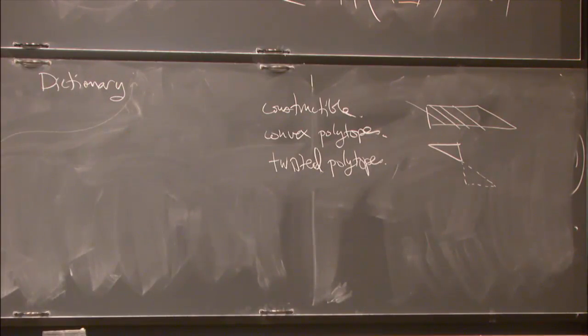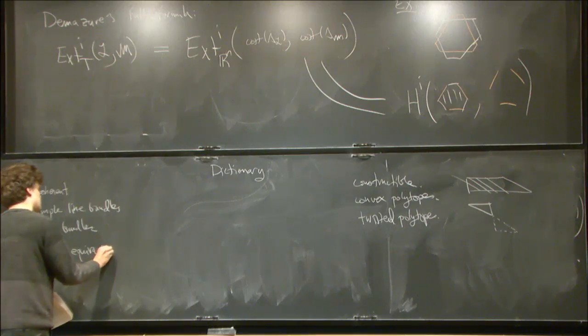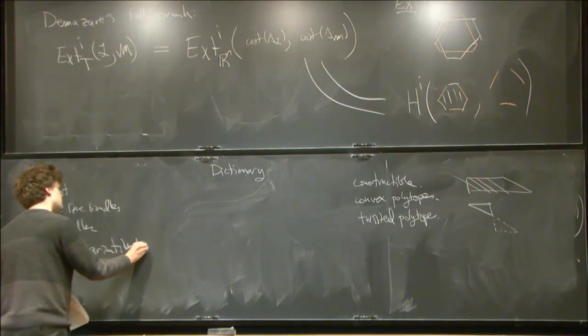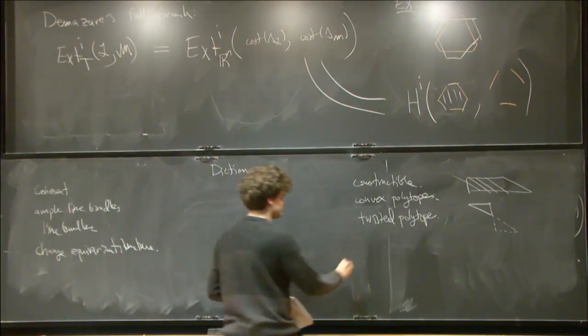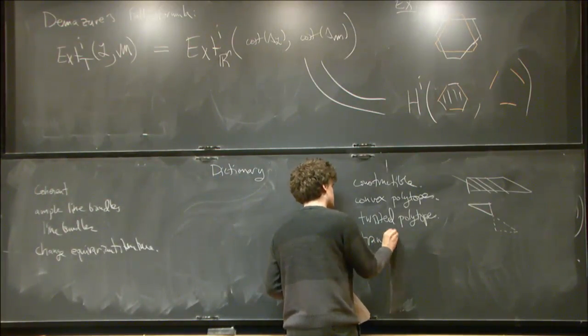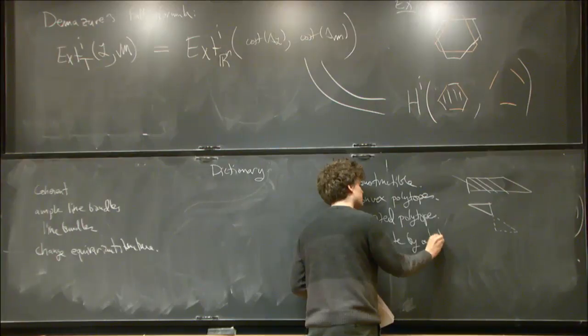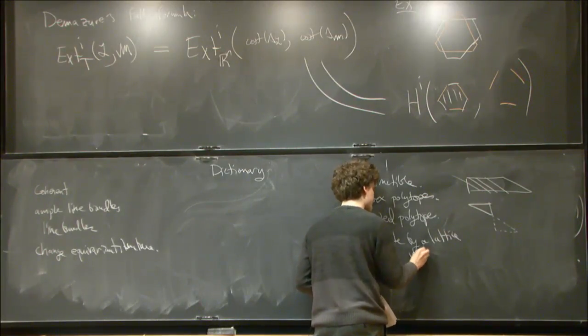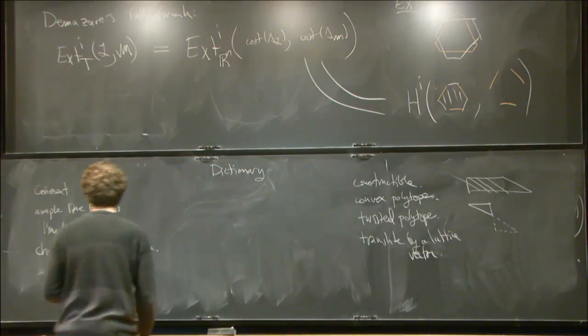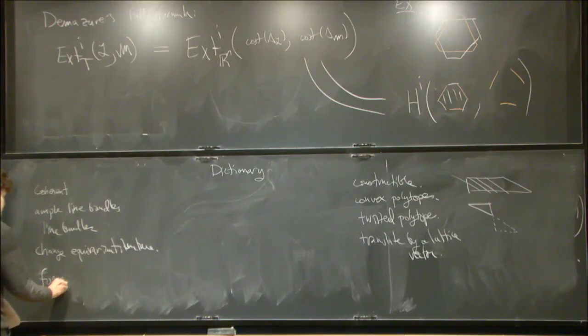Okay, you could change the equivariant structure. That amounts to translating the polytope by a lattice vector. You could forget the equivariant structure.